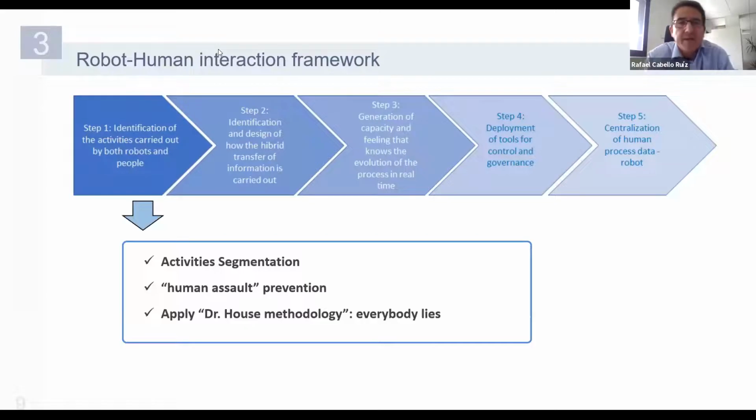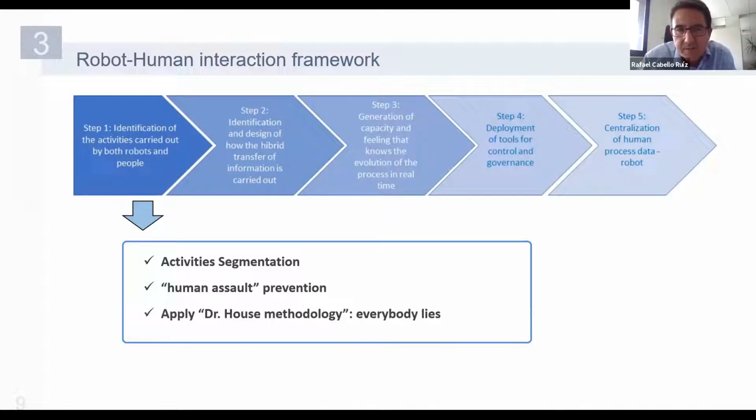The first step is identification. Identification of which activities can be done, must be done, or should be done by humans, and which ones should be carried out by robots. That segmentation has to be very clear, and you have to prevent the human from taking cases from the robot.